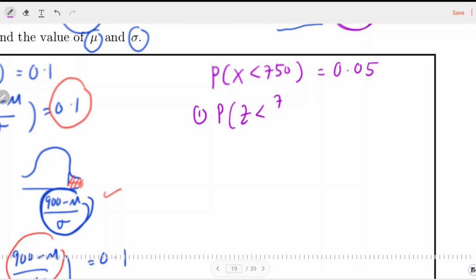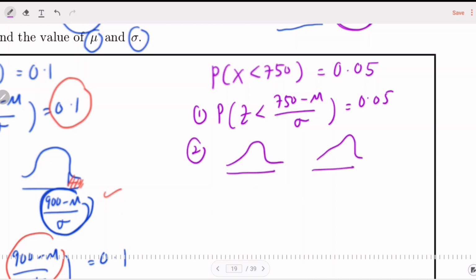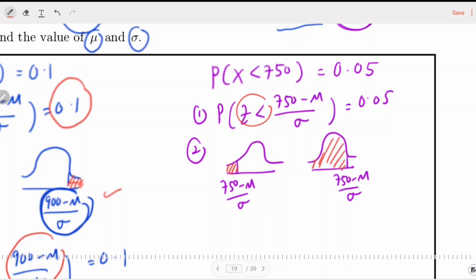Standardize. Bell shape. Shaded region: Z less than, going to the left. The probability is very small, so the logical one is on the negative side.